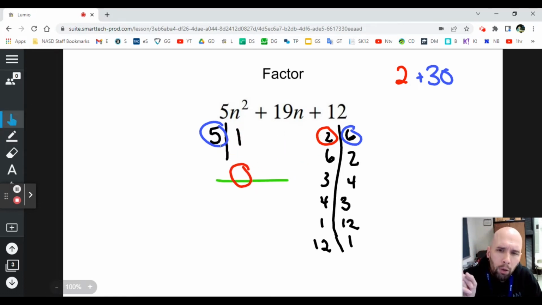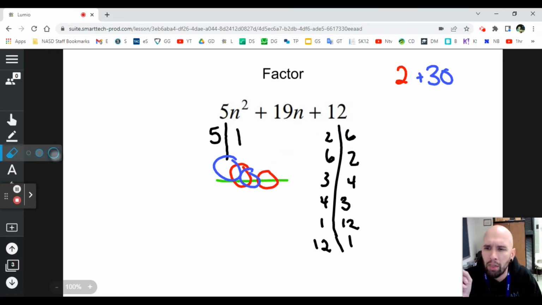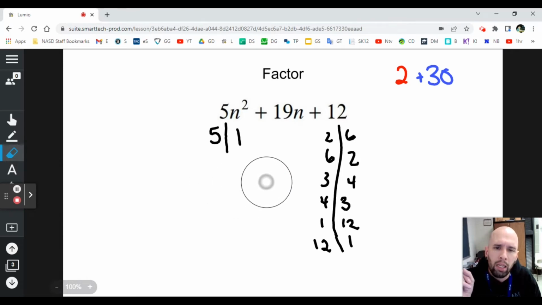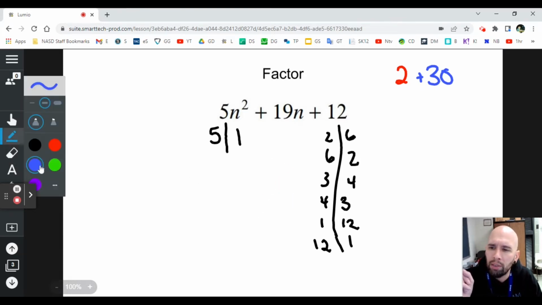So if you look at things and say, all right, I know I'm going to multiply the interior numbers, I know I'm going to multiply the exterior numbers and then add them up, let me guess what I think is right. Well, we definitely know it's not the first one, so let's just try the next.